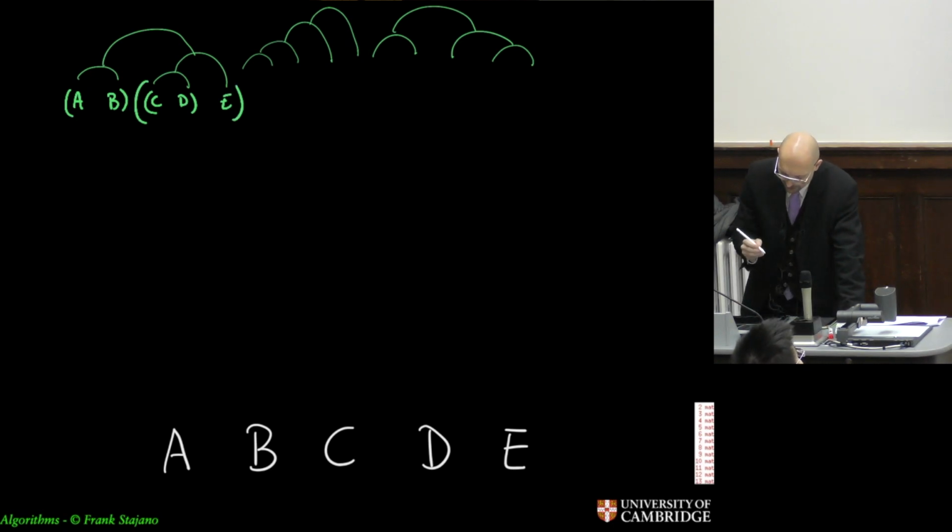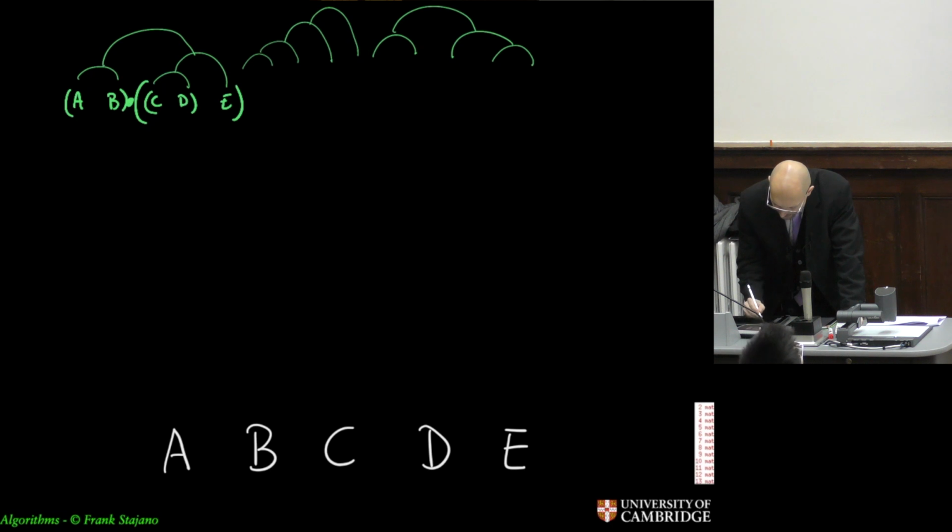Well, the systematic way would be to say that whatever this total product is, when I write out what I did, this was A, B, C, D, E. There's going to be a top-level multiplication somewhere.